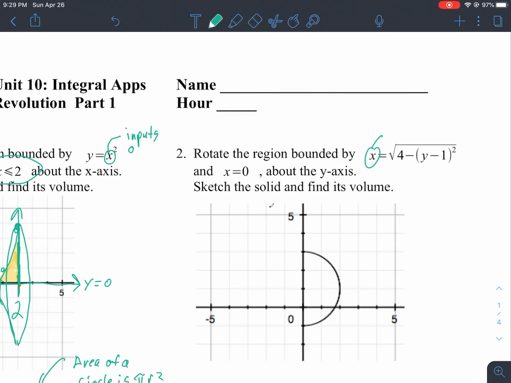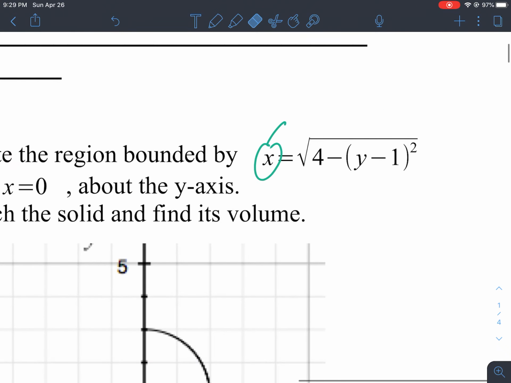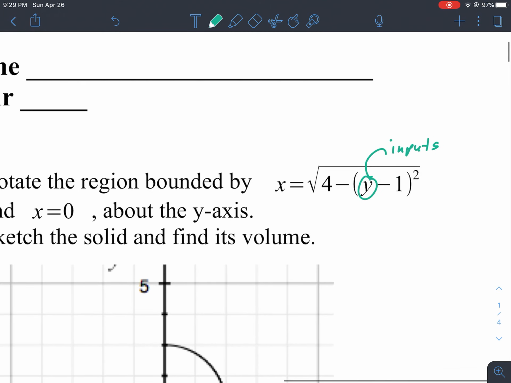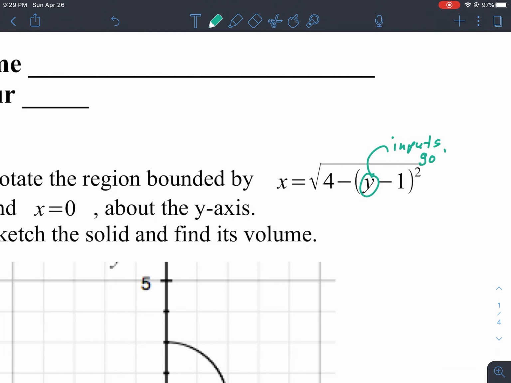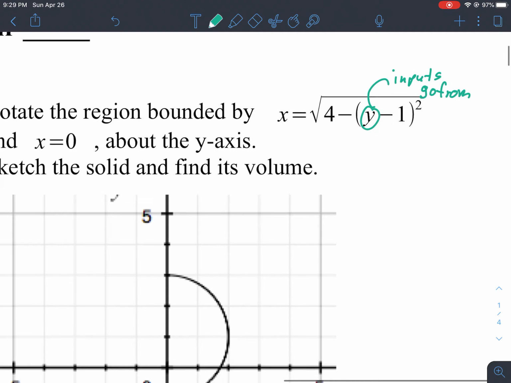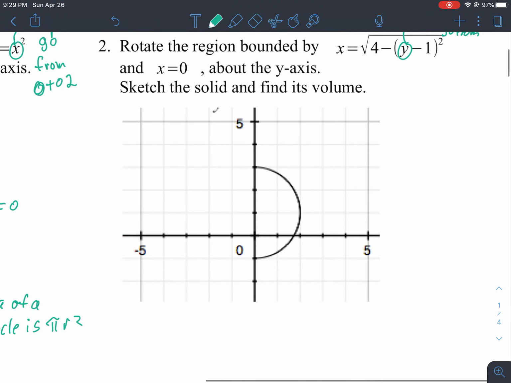So the inputs go from 0 to 2. Here, y is the inputs. So if y is the inputs, this axis is the inputs.